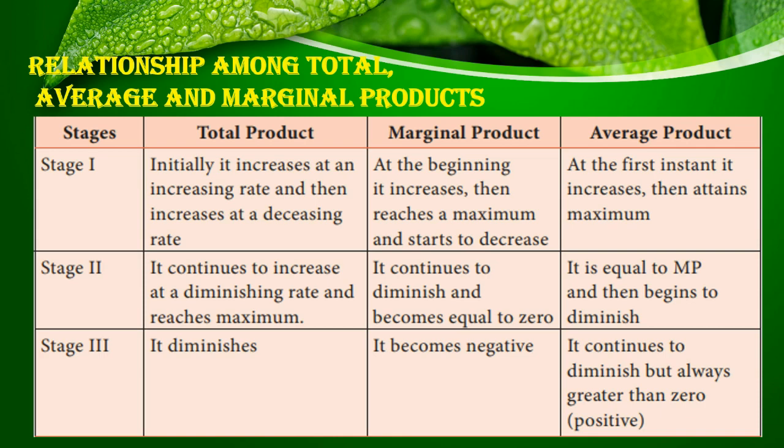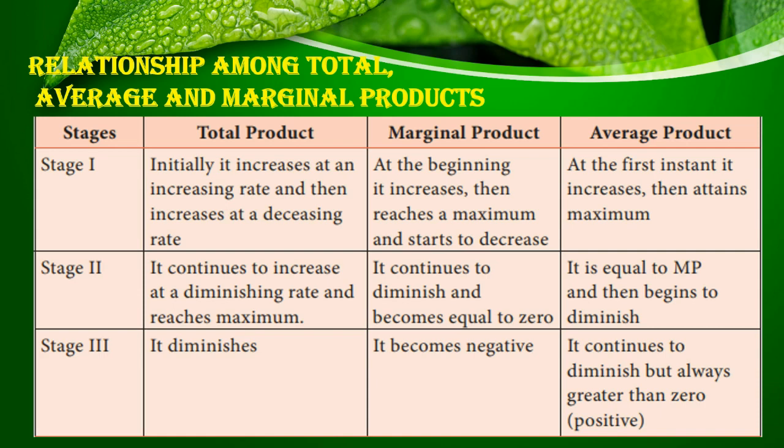That means at the beginning it increases and after a certain point, though it increases, it starts decreasing. Second one is marginal product. At the beginning it increases, then reaches maximum and starts decreasing. Whereas average product, at the first instant itself it increases, then attains maximum in the first stage and then starts decreasing.